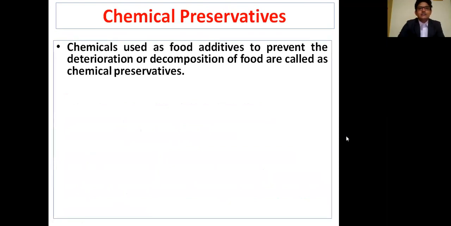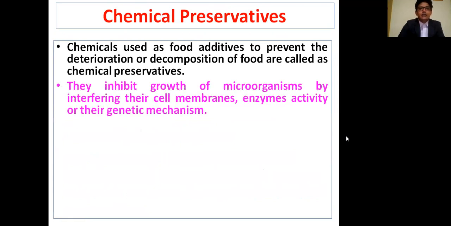Here is the definition of chemical preservative. Chemicals used as food additives to prevent the deterioration or decomposition of food are called chemical preservatives. They inhibit growth of microorganisms by interfering with their cell membrane, enzyme activity, or genetic mechanism.